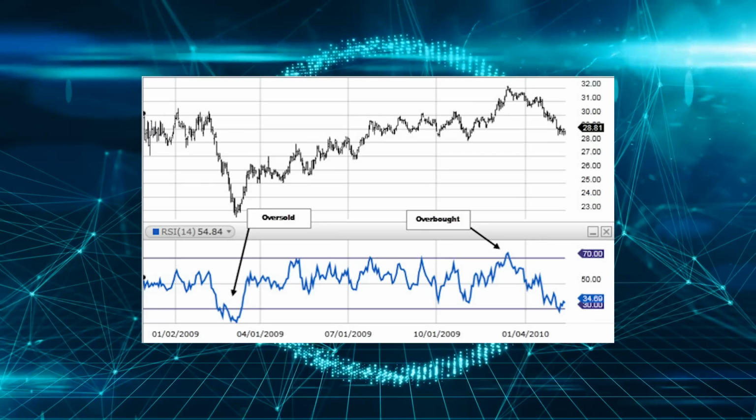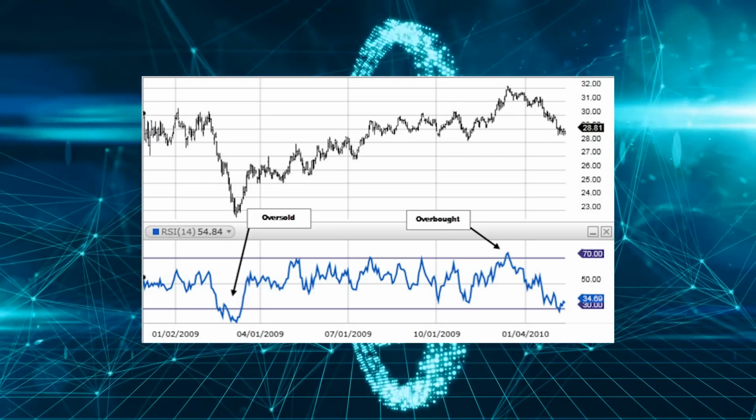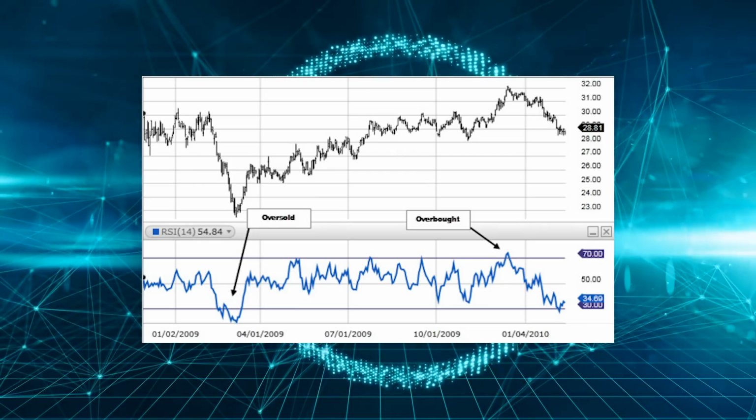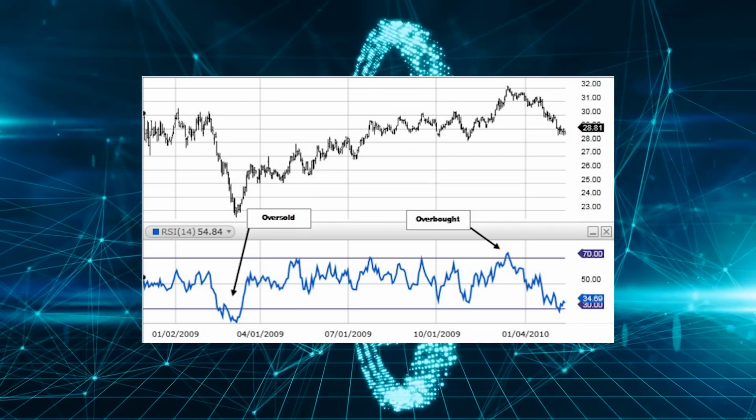Now, for the last indicator, I want to mention the Relative Strength Index, or RSI. This specifies market momentum via overbought and oversold states, which are illustrated by two lines across the chart, usually assigned from default values: 70% overbought and 30% oversold.